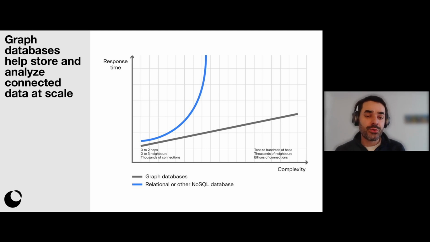Whereas if you are using graph databases, then it's much easier to run this type of analytics, and you can run them at scale, dealing with graphs in the billions of nodes and relationships, and traverse tens of hundreds of nodes if need be to run your analytics. So that's really why graph databases are very critical when it comes to applying in practice the analysis of graph data.